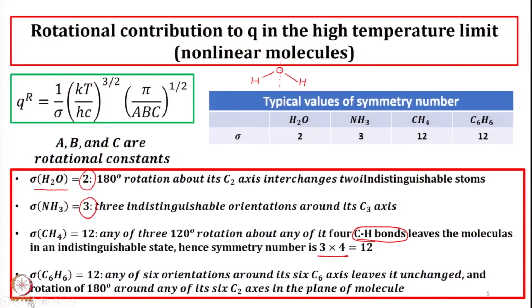I have discussed simple molecules, but for complex molecules, if you have studied symmetry, that will help you in finding the symmetry number. For our purpose, what is important is to recognize that the symmetry number is required because you do not want to overcount the number of accessible rotational states.